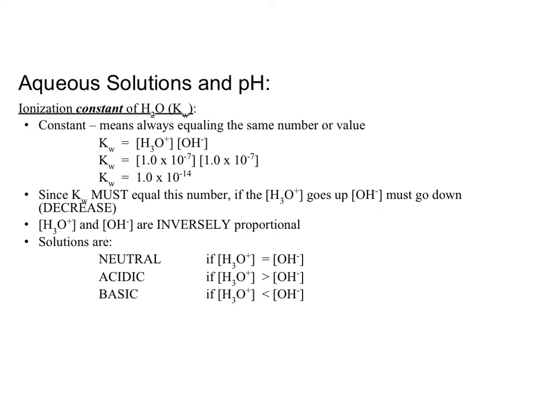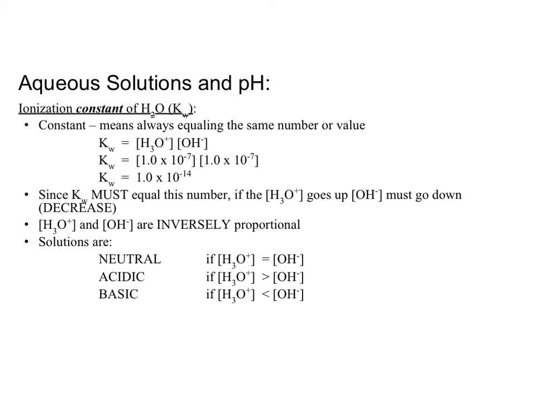Why this is important is because the ionization constant of water, something that we refer to as Kw, is something that will allow us to calculate different concentrations of H3O plus and OH minus. So in this case, the constant for the H3O plus and OH minus is the product of the concentration of H3O plus times the concentration of OH minus in pure water.